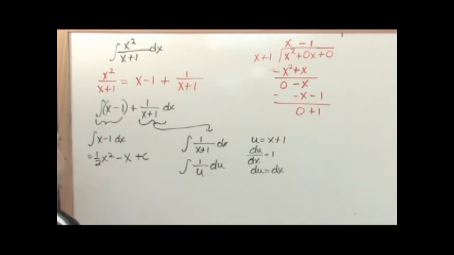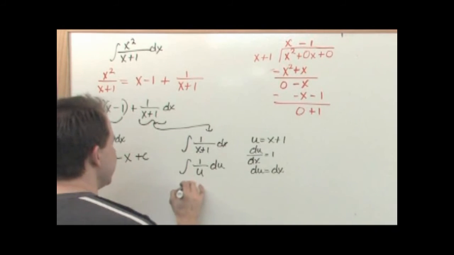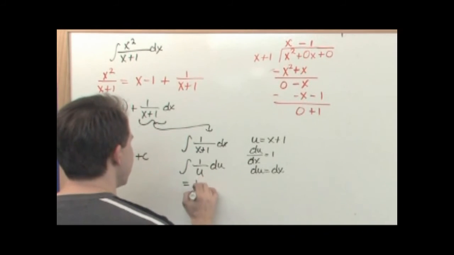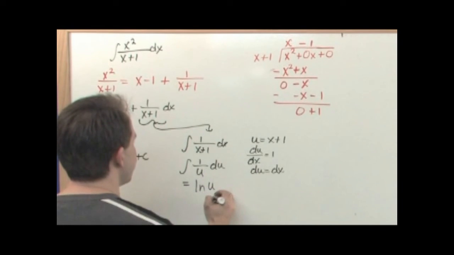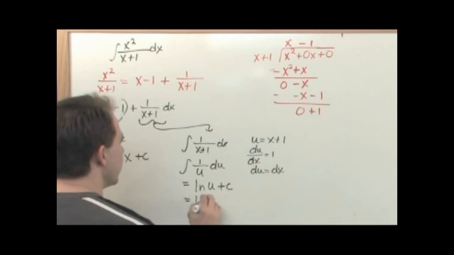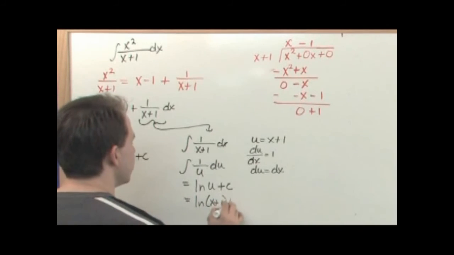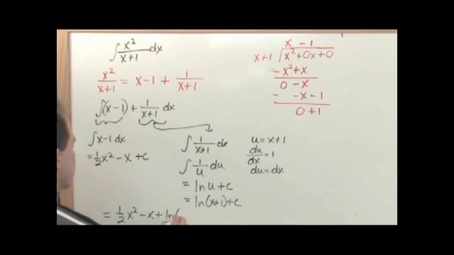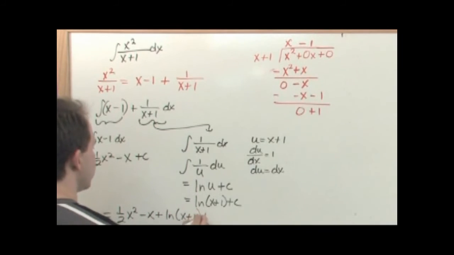I'm just doing a quick substitution so that I can put my mind at ease that I didn't screw anything up here. The integral of this is natural log of u plus a constant, and then we just go back and substitute what we had for u, x plus 1, plus a constant. So we have 2 little things here from our little mini integrals, and so the final answer is going to be 1/2 x squared minus x plus natural log of x plus 1 plus a constant.